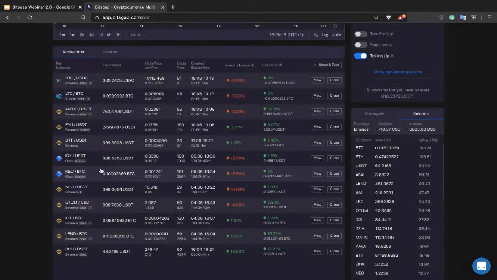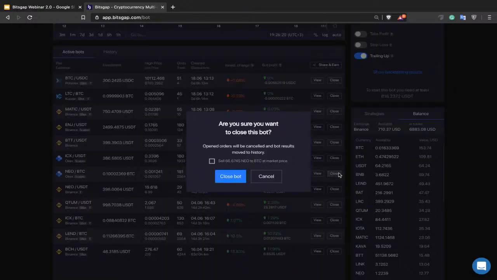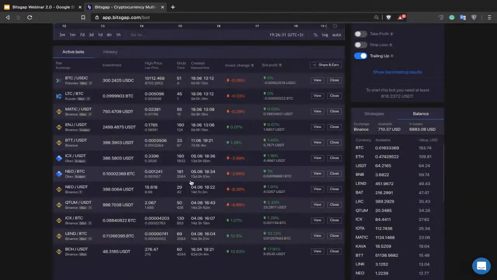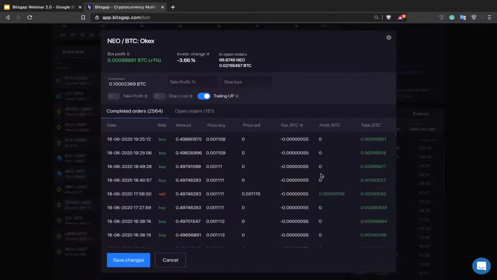So when I click on close, it is asking me if I want to sell the leftover NEO to BTC at market price, because there are still some trades open. And here we go.